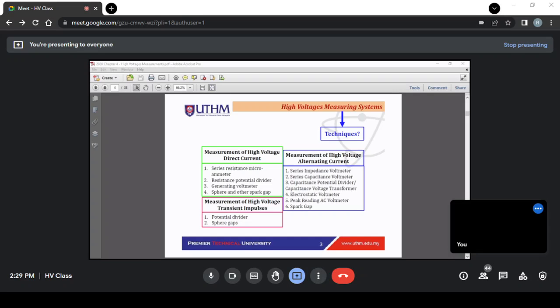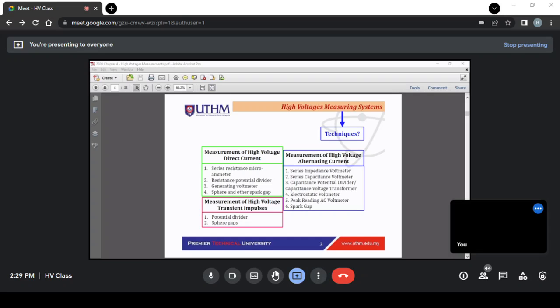So you need to discharge, and only then can you capture the peak value of the source. So this is also not very popular, and it will be used only for certain testing or certain criteria. It's not very popular to be used to measure normal voltage and current values.